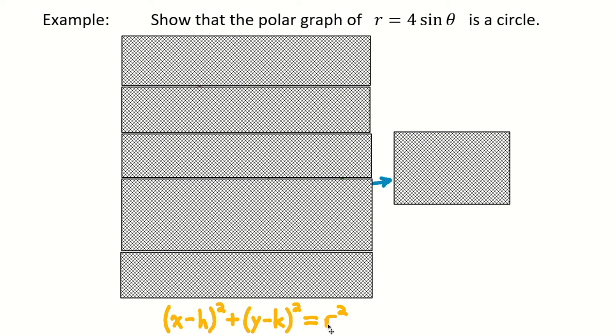Was it the lesson on vectors where I threw this at you out of nowhere? Just in case you didn't know this from before this class, this is what the equation of a circle looks like.